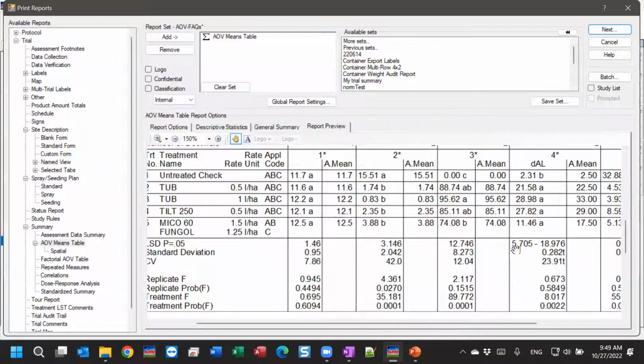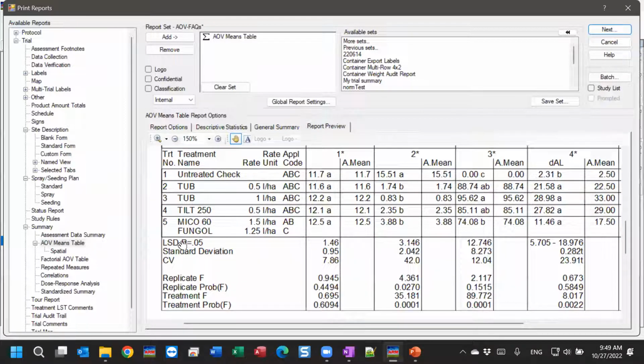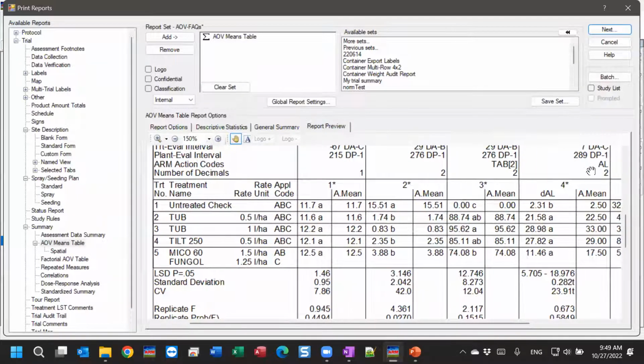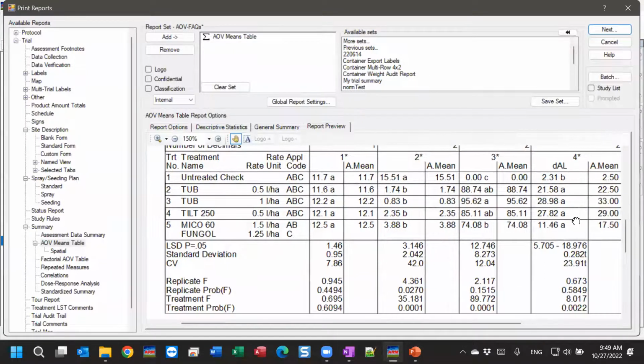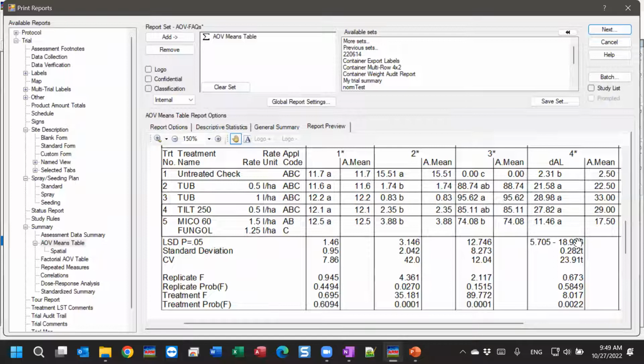And while we're here, since we did have the question earlier, in this column that LSD is a range of values. It's not just one. That is because of the presence of this AL, that log transformation. Behind the scenes, we're transforming the data. So the LSD that you would use is different depending on which comparison you're making.